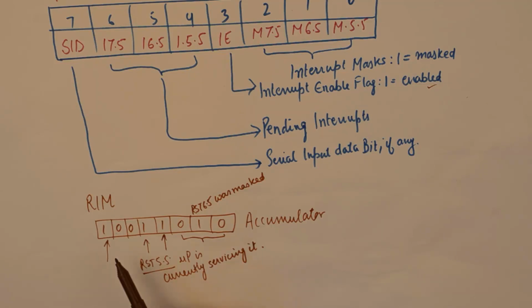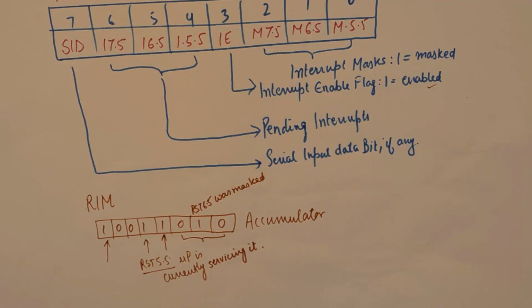But if you want to constantly monitor it, then you need to run this RIM instruction again and again and output it to some port. But that is not the idea of discussing the topic here.